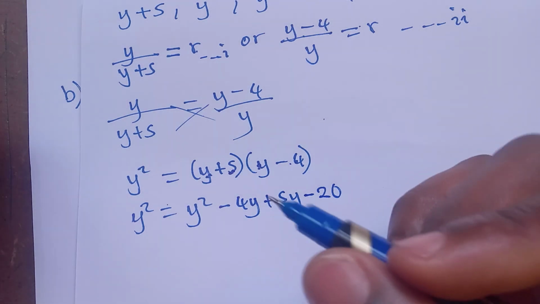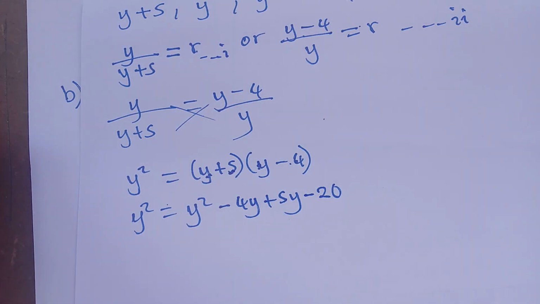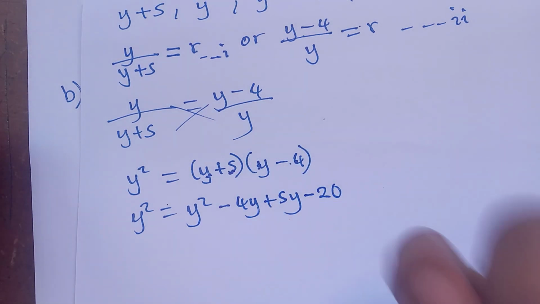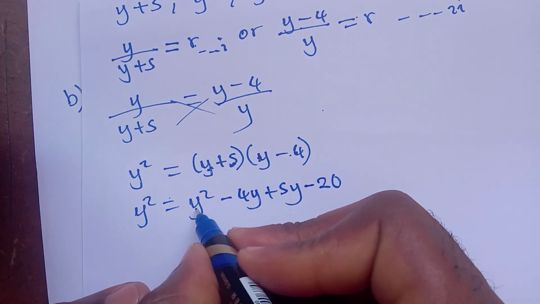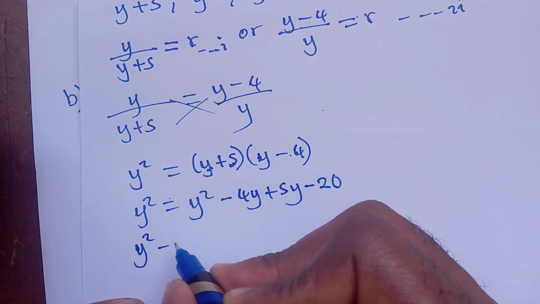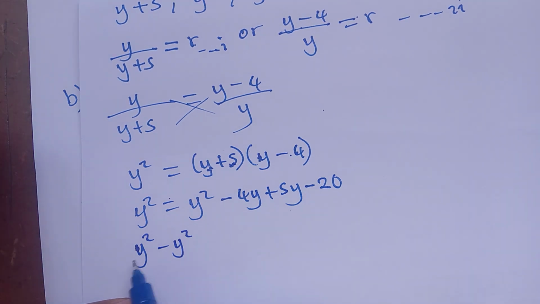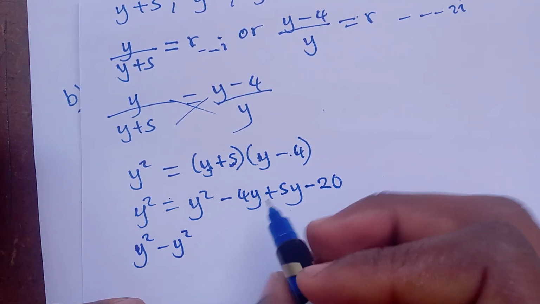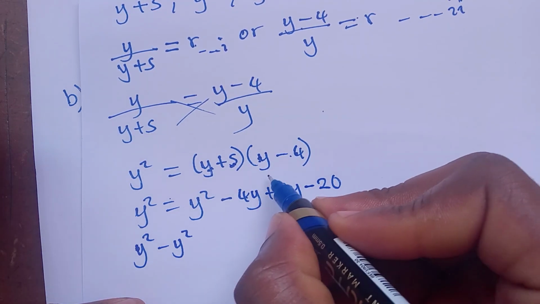So now we can put all the like terms together. This is not even a quadratic equation. So you can bring all the y terms to this side.